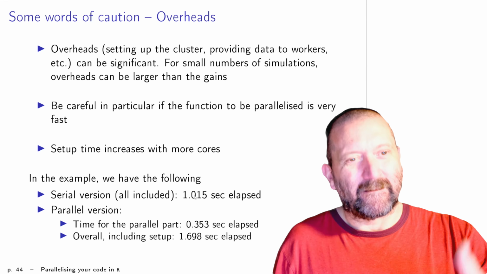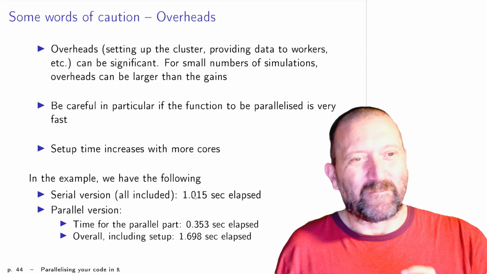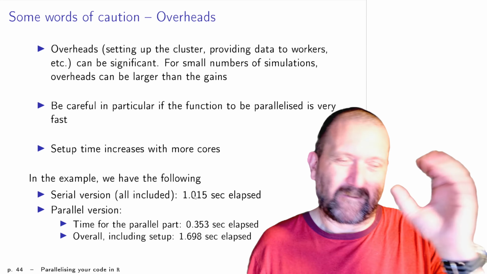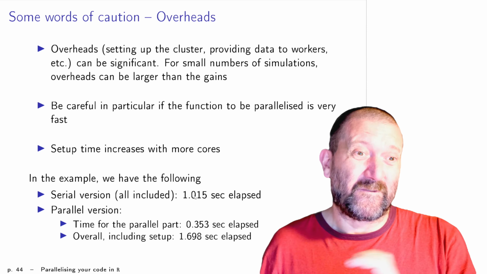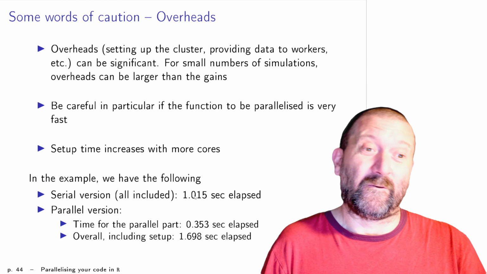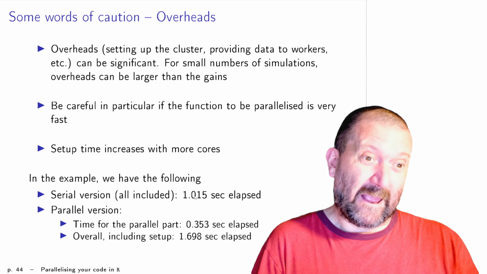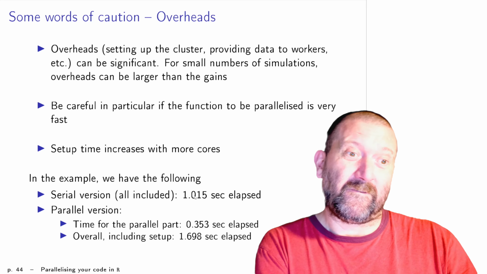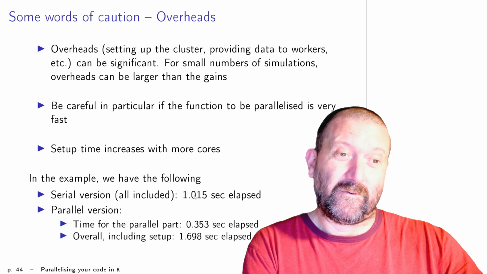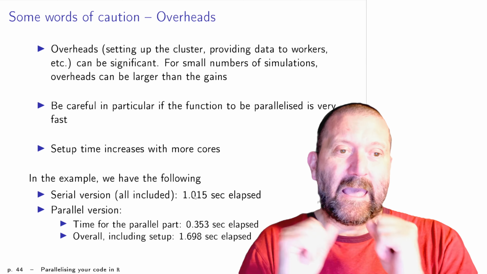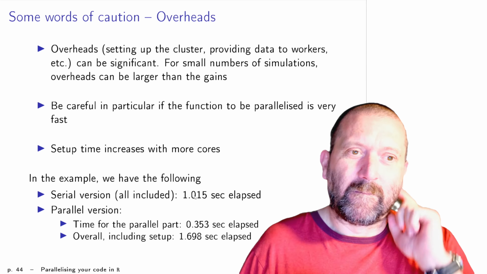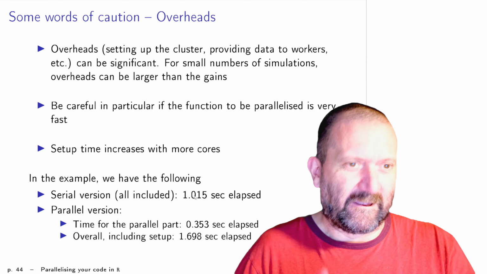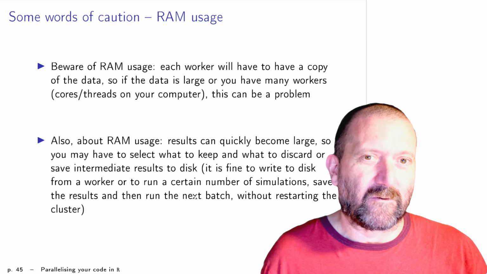So if 1,000 simulations run 30 times faster, like 100,000 simulations run 30 times faster, it's often a difference between an entire day, so if you think about 24 hours, for instance, to run the simulations in serial, and an hour if I'm parallelizing. So there are substantial gains, but just be aware that they're not everywhere.